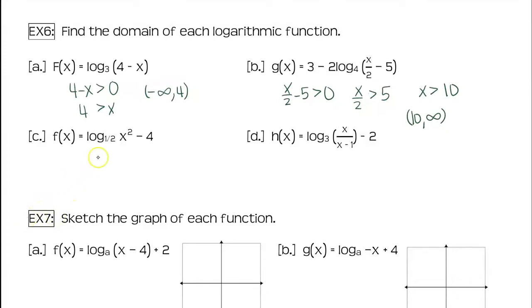Okay, for c, if there's no parentheses, this -4 is not inside the log, so it's just the x squared. It's inside the log, so x squared has to be positive. And this is a quadratic inequality, so this is where you want to use the number line. The only 0 of that would be 0. And let's see, if I pick something that's negative, is a negative squared greater than 0?